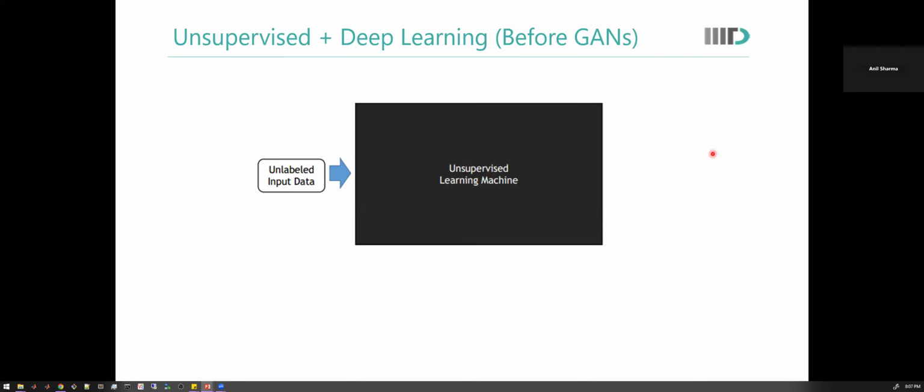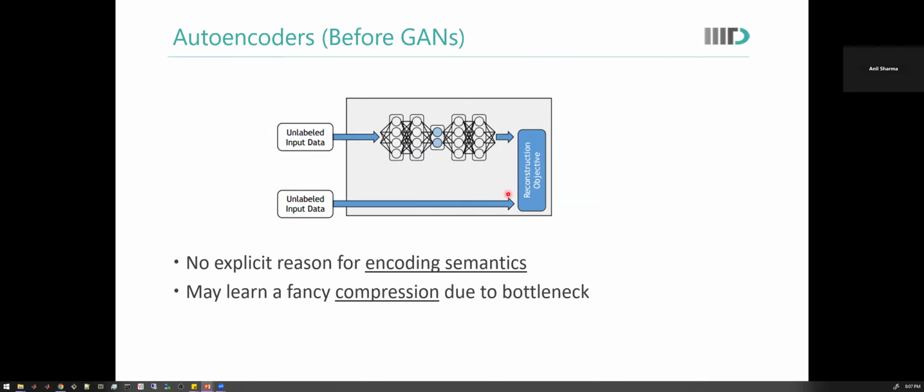If I ask you what was that machine learning model, you can comment what unsupervised machine learning models were commonly used before GANs. I will tell you one, which is autoencoders. It is one of the commonly used models for generating data in an unsupervised way.